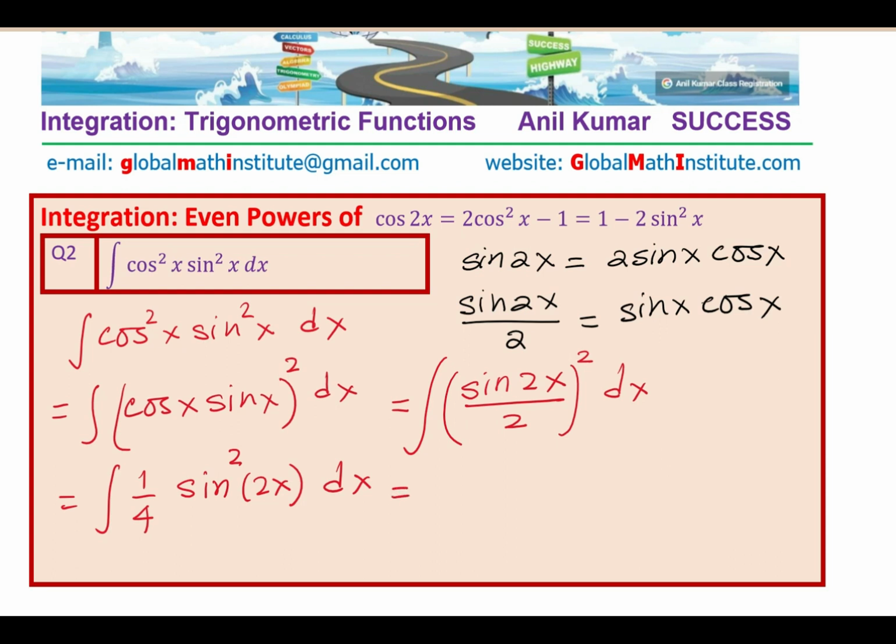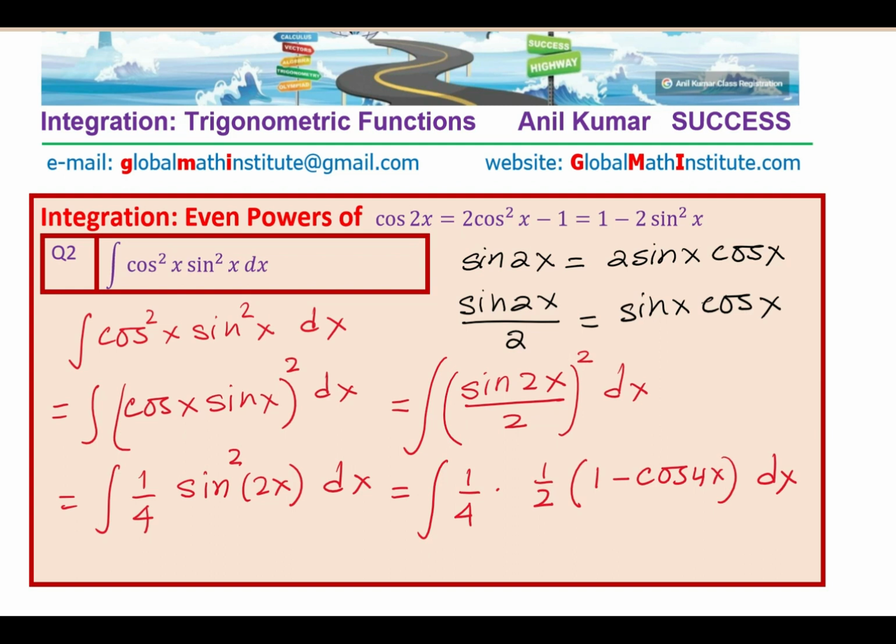So this could be written as 1/4 times half of 1 minus cos 2x, double of this, right? So cos 4x dx. Does that make sense? See, we have written it in the form of double angle or 4 times the angle.